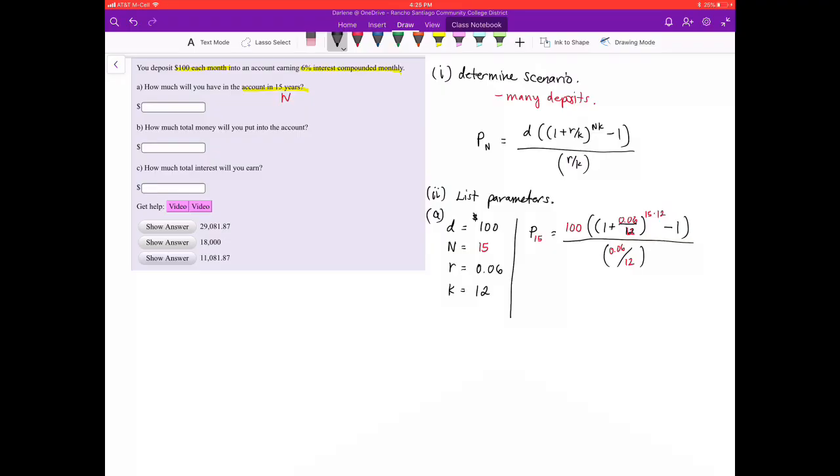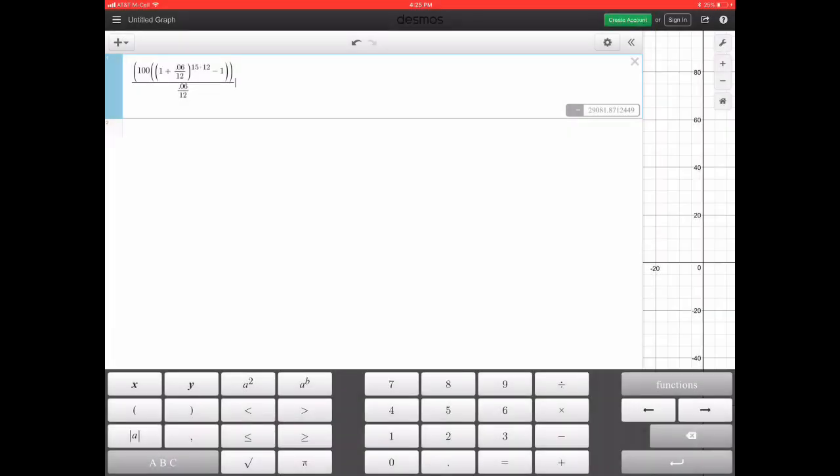We're going to do all the calculation in the calculator. So let's go ahead and put this in the calculator. And again, we're going to round to the nearest cent. So here it is, I put it in the calculator. The most important part of putting in the calculator is putting it in correctly. I encourage you to use an app called Desmos, but for the exams, if you're going to use a calculator, make sure you use parentheses around your numerator and around your denominator.